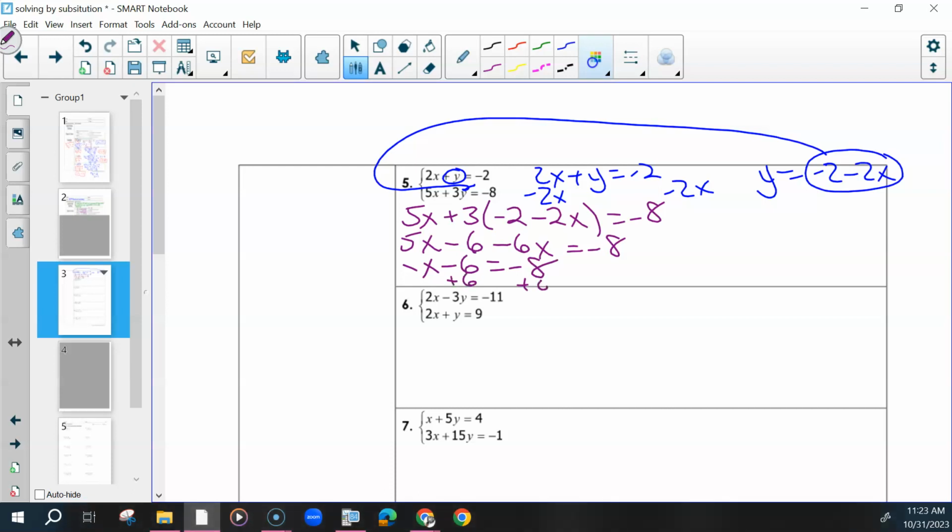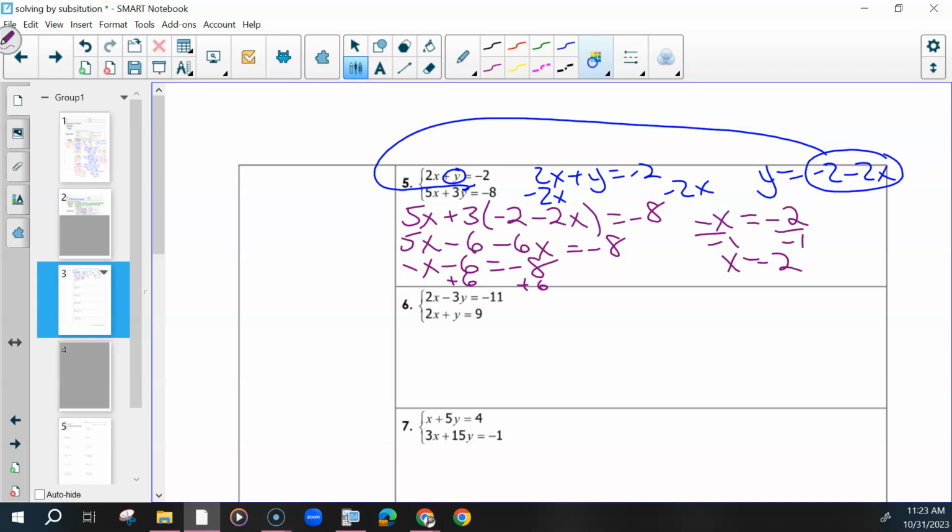Add 6 to both sides. How would I get x by itself here? Divide both sides by -1. So x equals 2.